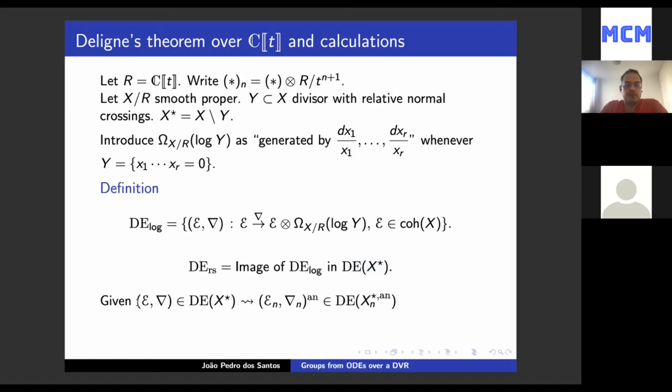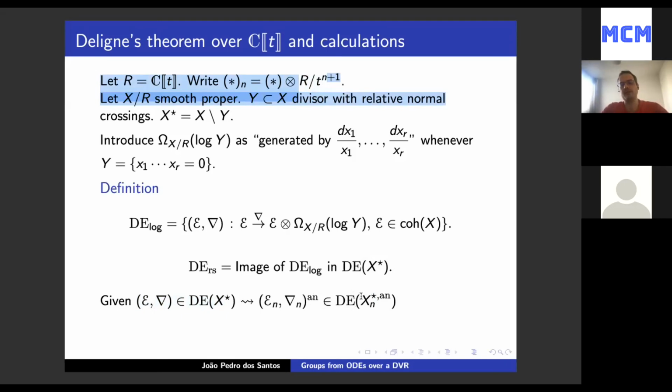Given a differential equation over X star, I can truncate modulo T^n. So R/T^n is a finite dimensional C-algebra, and I get a complex space X_n and a differential equation over this complex space.